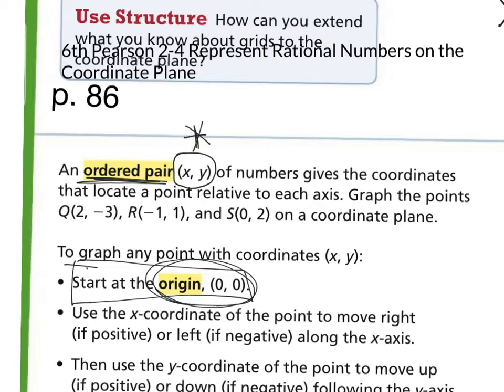The coordinates for the origin would be 0, 0. It's at 0 on the x-axis and at 0 on the y-axis, so that's our starting point. Then we use the x-coordinate to figure out how far left or right we need to go on the x-axis, and the y-coordinate to see how much we need to go up or down from that point.